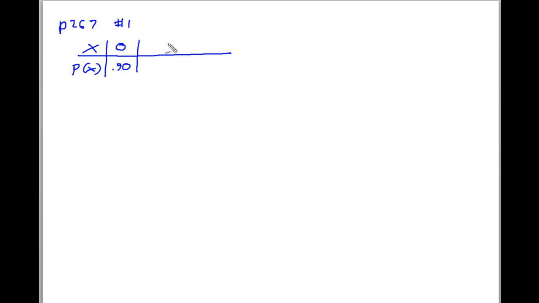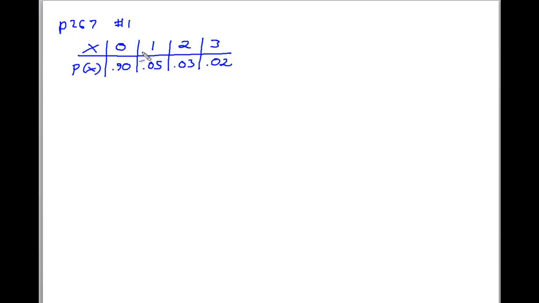For one defective DVD, there was a 5% chance of that happening. Of two defective DVDs, there was a 3% chance. And three defective DVDs in the entire carton would be a 2% chance. You'll notice that all these percentages add up to 100%, and here's your chart.